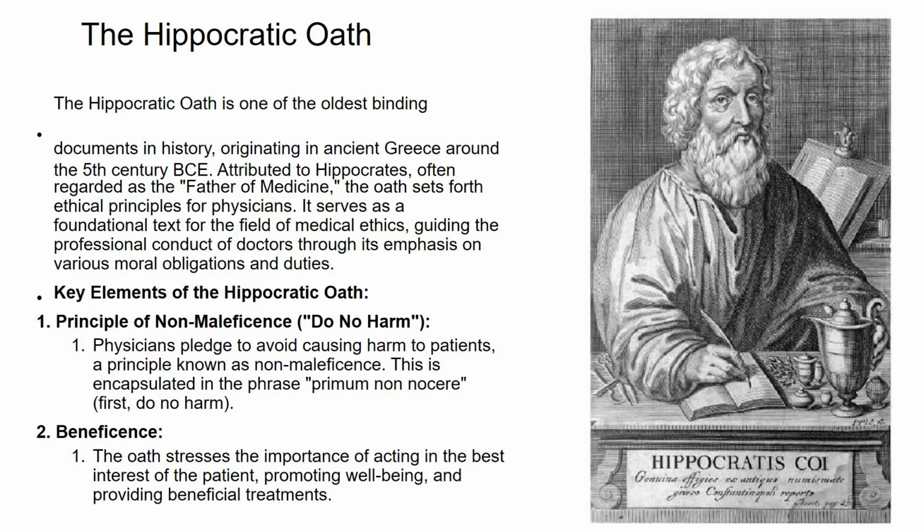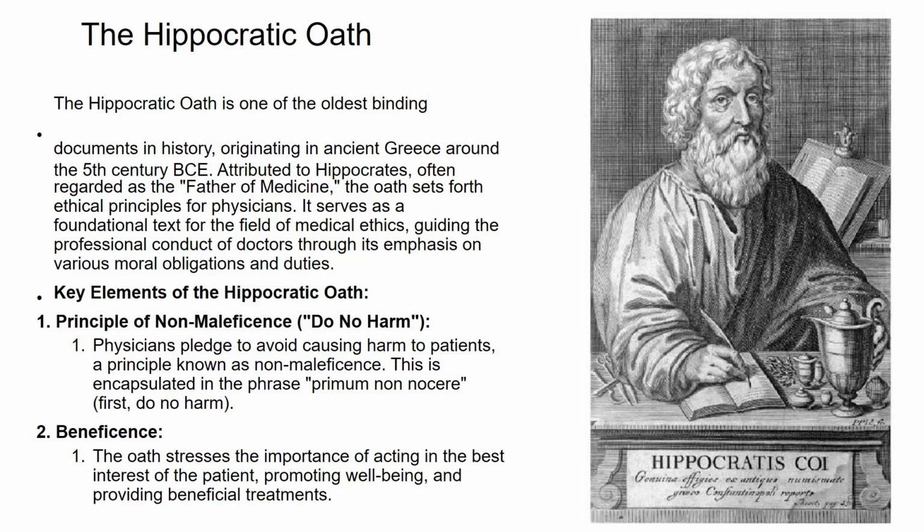Some key elements of the Hippocratic Oath are the principle of non-maleficence, which means do no harm. The physician pledges to avoid causing harm to the patients, a principle known as non-maleficence. This is encapsulated in the phrase primum non nocere, which means first do no harm. Coming to the second key element, it is beneficence.